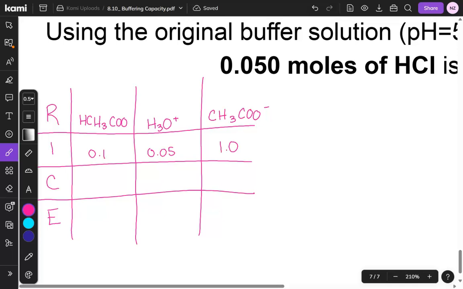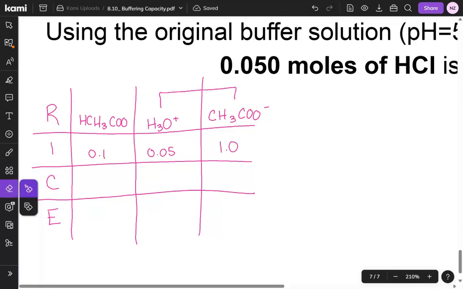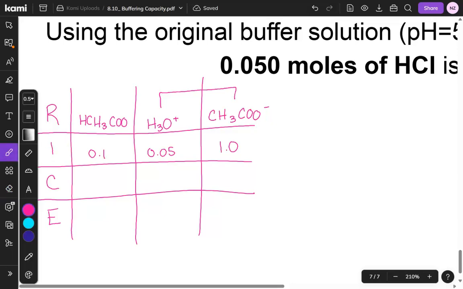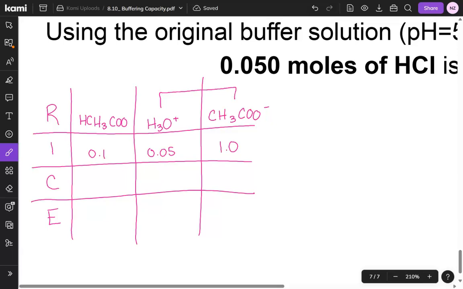Okay, this time our strong acid is going to neutralize with our conjugate. So I actually have this backwards, but you know what? This will work. I'm just going to leave it this way. I could have switched these around, but that's okay. All right, so our conjugate base is going to go down.